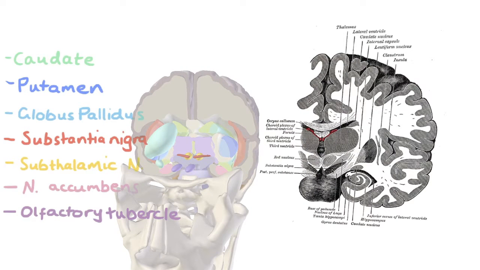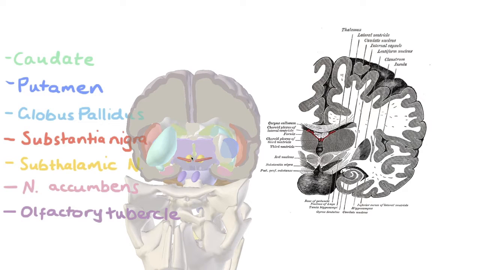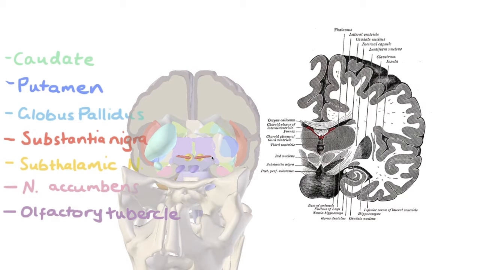The substantia nigra, right in the middle, embedded in the midbrain. And it's directly underneath the thalamus and right next to what they've called the nucleus of Lewis, which we now know as the subthalamic nucleus.